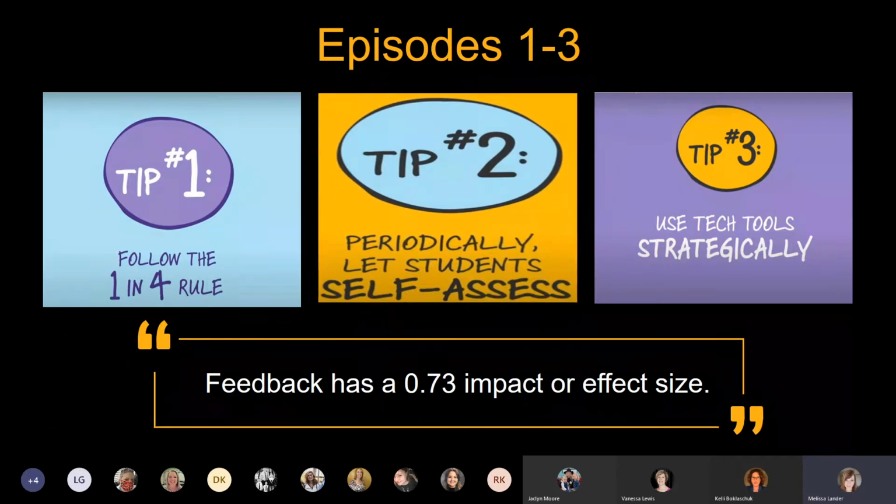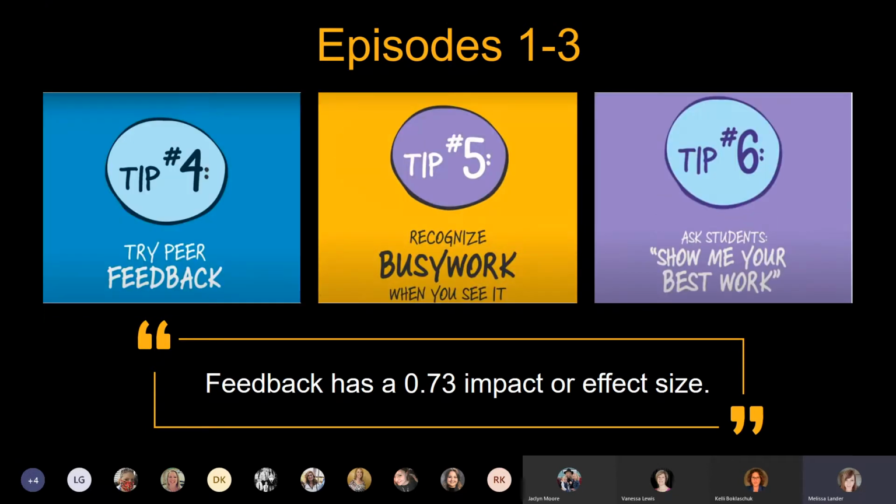The next thing we talked about, some of those amazing tech tools that you can use that will not only mark for you, but also give the students feedback on the fly. So there's lots of great things we explored there in episode 2. And in episode 2, we also looked at tip 4, where we're trying some peer feedback, and we looked at some interesting ways to incorporate peer feedback into the loop to try to alleviate some of the pressure on the teacher, but also to provide the kids with that ability to become assessment capable learners.